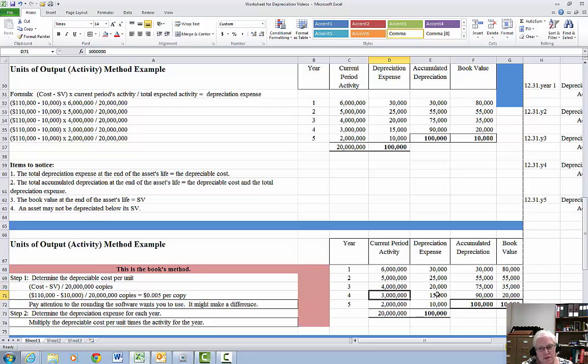Year 4, 3 million times a half-cent is 15,000. Year 5, 2 million times a half-cent is 10,000. Again, the items to notice are the same. 100,000 total depreciation expense equals 100,000 total accumulated depreciation, and the book value has to be equal to the salvage value at the end of the asset's life. Okay, that takes care of this one.